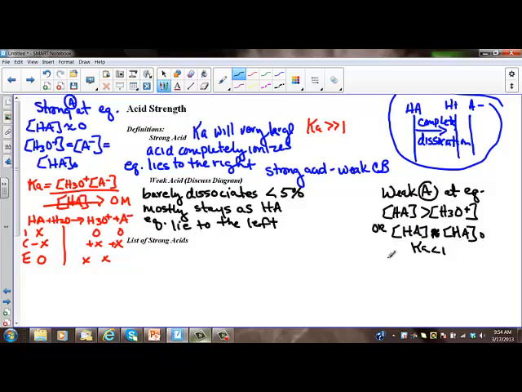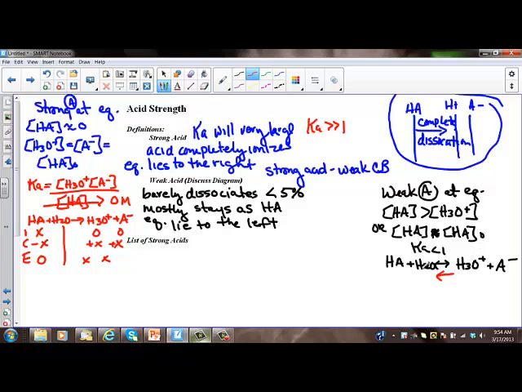And if I were to write an ice table for this, I have HA plus H2O. Now, even though we write this as if it dissociates, what we really know is that this is a left arrow.